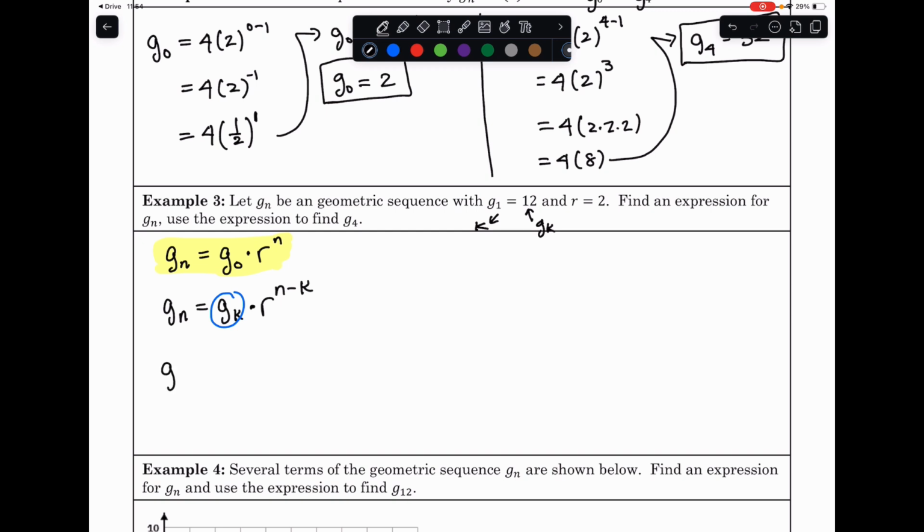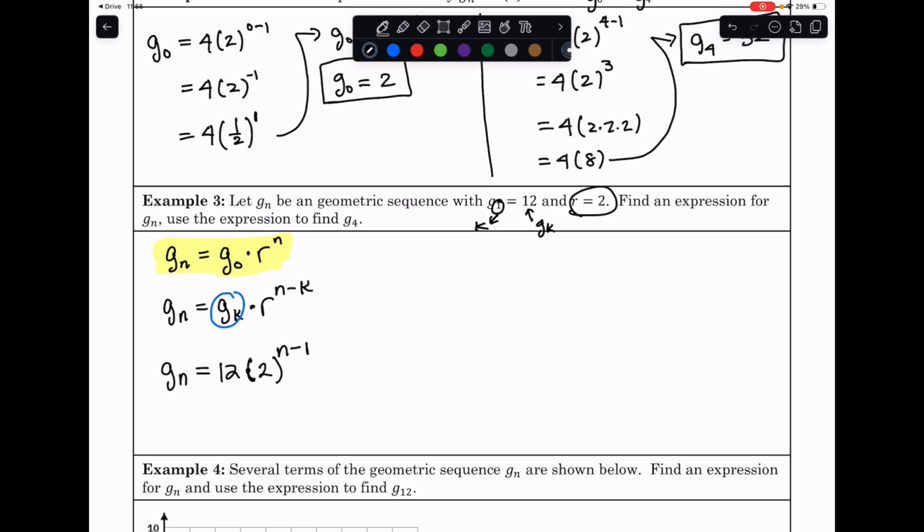So the formula for g of n would be 12 times r, which we know is 2. And I'm going to use parentheses instead of my little dot right here. So 2, and I'm going to raise this to the n minus this k value, which in this situation is the value 1 because we're given the g of 1 value. So this would be the function for g of n.